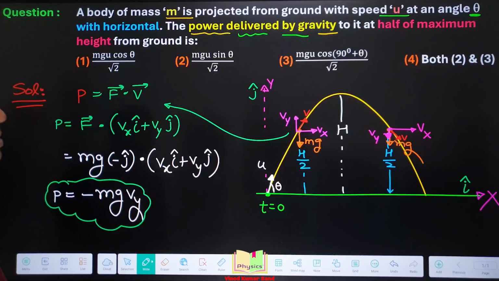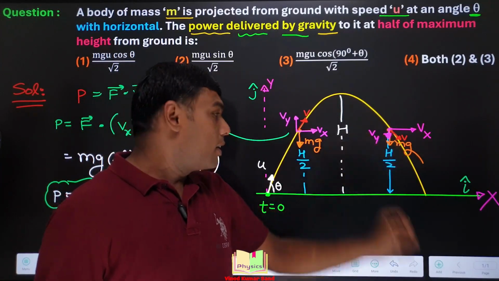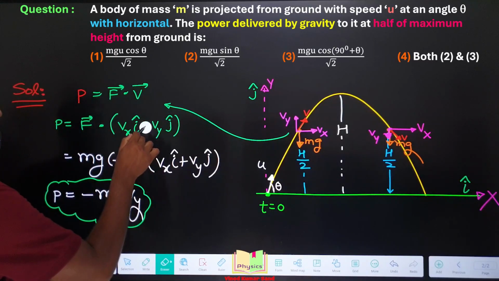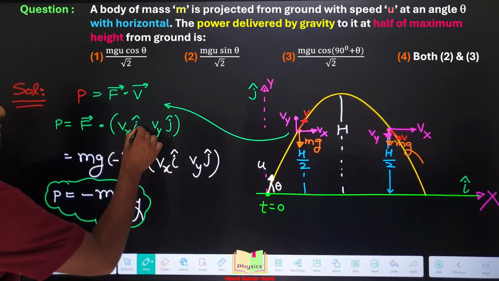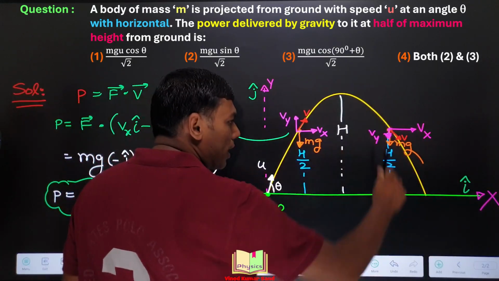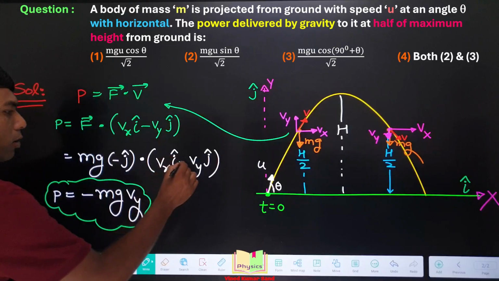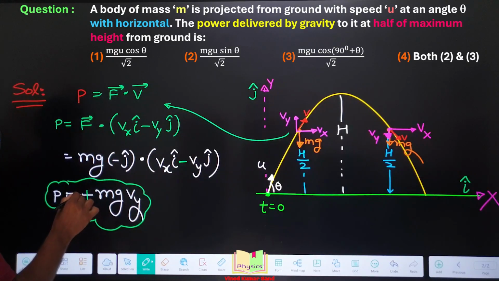mg vy. Similarly, if we do calculation for this part, here we will be putting a minus and here will also be a minus sign because this Vy is along the minus j cap, downwards. This minus into minus will become plus.